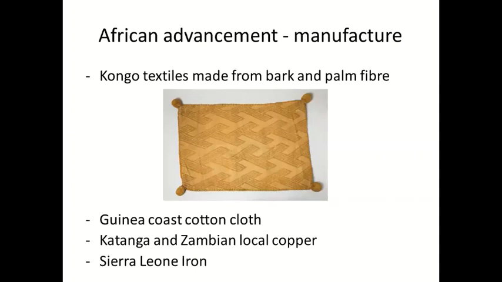We had cotton cloth from the Guinea coast, local copper from Katanga and Zambia, iron from Sierra Leone. In terms of the copper and the iron, when the Europeans came to these places, it was clear, in fact, that this was superior to what you find elsewhere. In fact, the locals, those around the area, preferred that product to products coming from elsewhere.